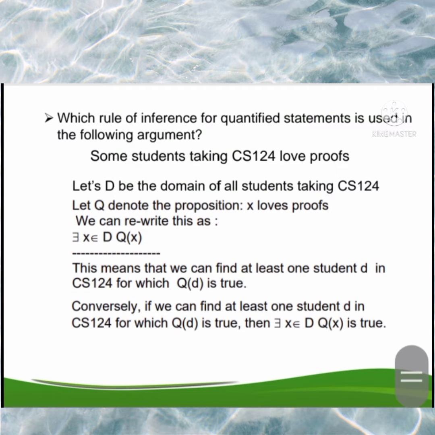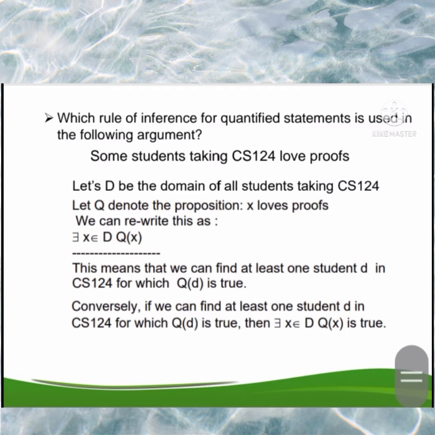So which rule of inference for quantified statements is used in the following argument? A student taking CS 1 through 4 labs proofs. Let D be the domain of all students taking CS 1 through 4. Let Q denote the proposition x labs proofs. We can rewrite this as there exists x belonging to D, Q(x).